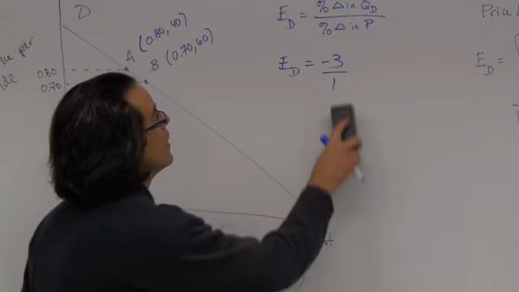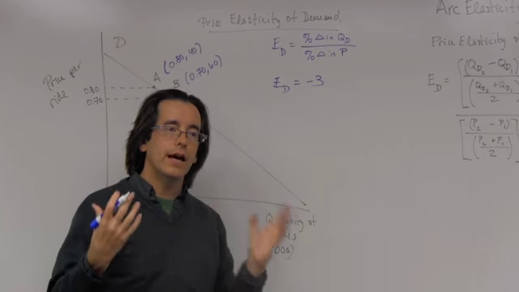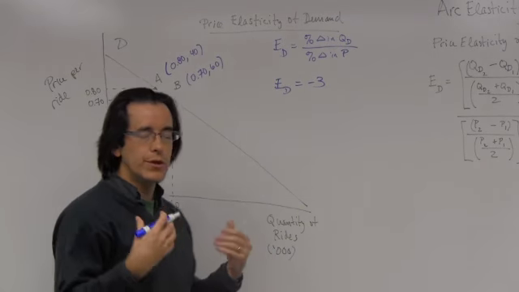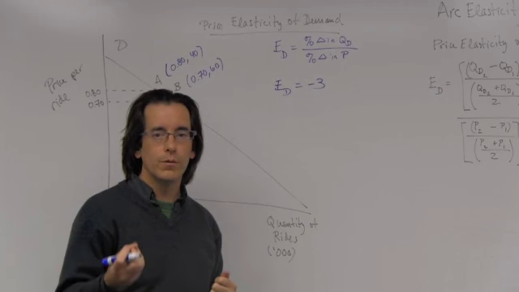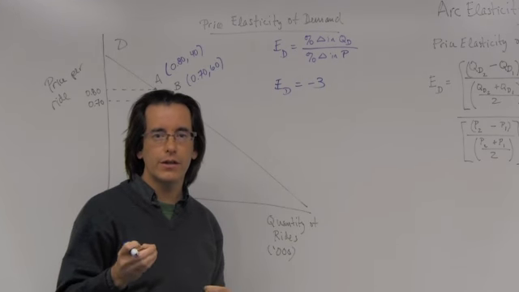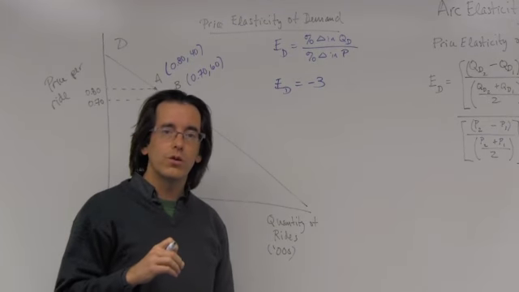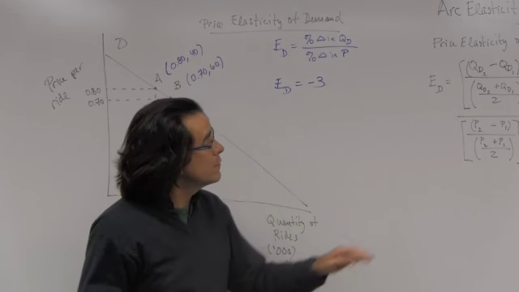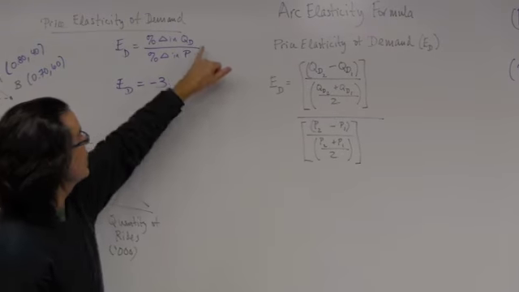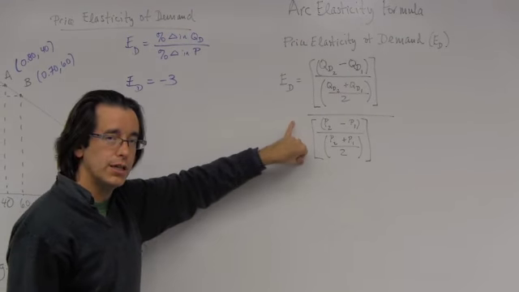Okay? So let's go through a calculation. Again, in introductory microeconomics, in our agricultural economics class, we do not have calculus yet. So normally we would talk about the elasticity of demand at a particular point, and use calculus to calculate the exact measure of elasticity. In our case, we're going to use the arc elasticity formula, which is right here. So the arc elasticity of demand is still consistent with percentage change in quantity demanded divided by the percentage change in price.